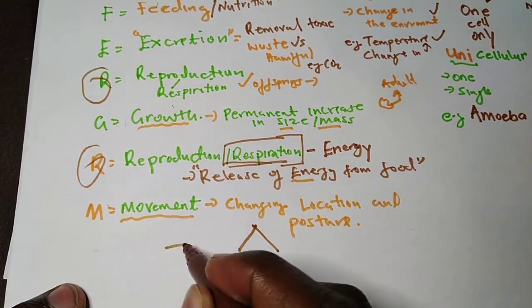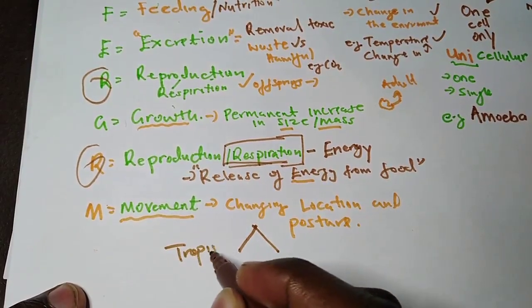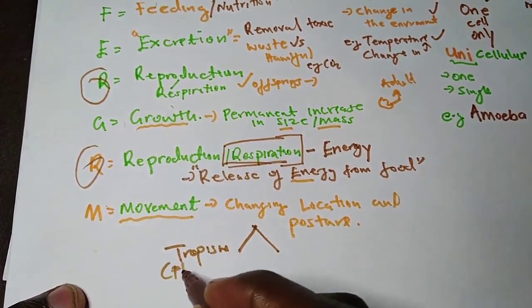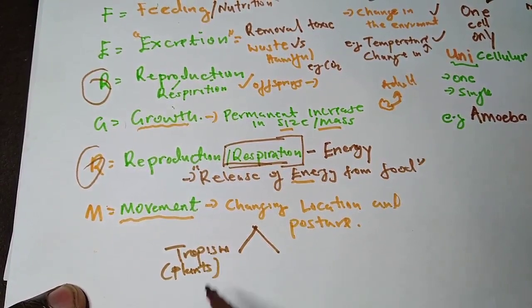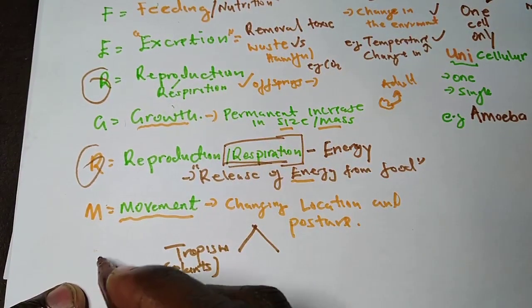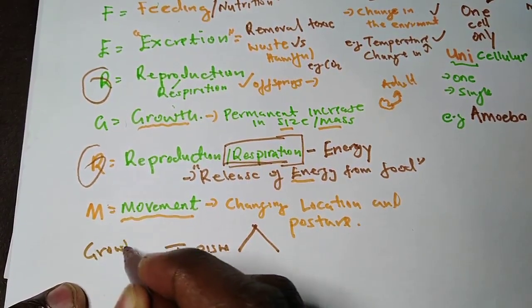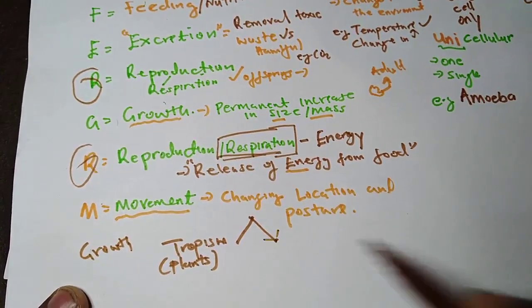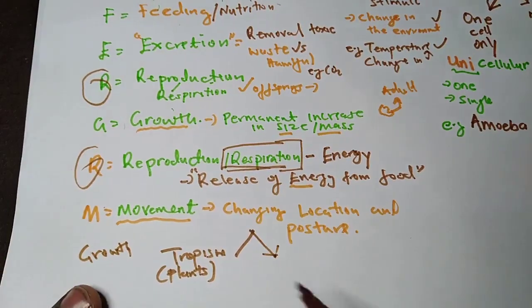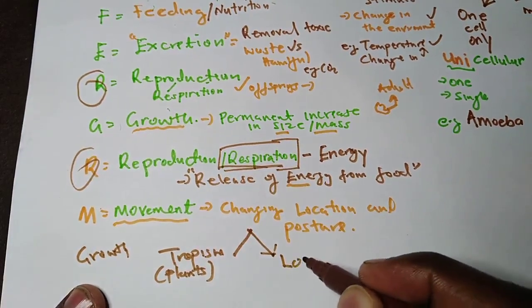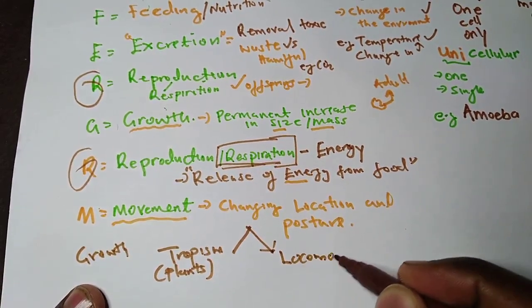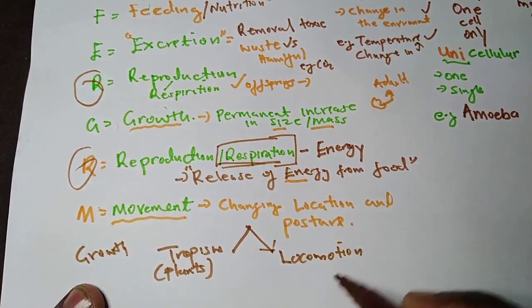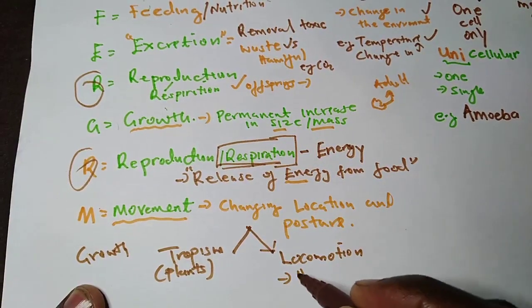We call this type of movement tropism. This is seen in plants. It's movement due to growth. The type of movement which has nothing to do with growth we call locomotion, and this is what we human beings exhibit: locomotion in humans.